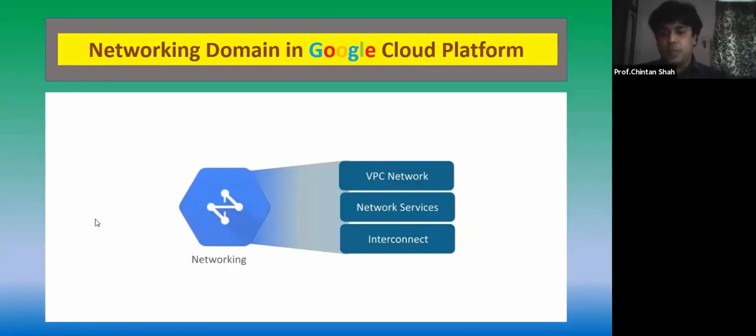First one, VPC network. A VPC is nothing but a virtual private cloud. A virtual private cloud network is the logical division of the public cloud architecture to support private cloud computing.